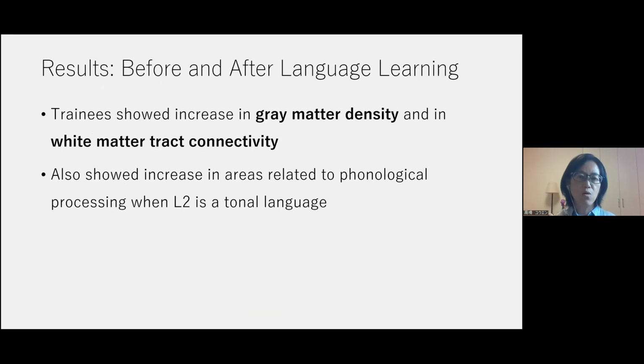But overall, what they found was that the trainees show an increase in gray matter density and in white matter tract connectivity. They also found the trainees show an increase in the areas related to phonological processing when the language that they are learning is a tonal language like Chinese, Thai, or Vietnamese.